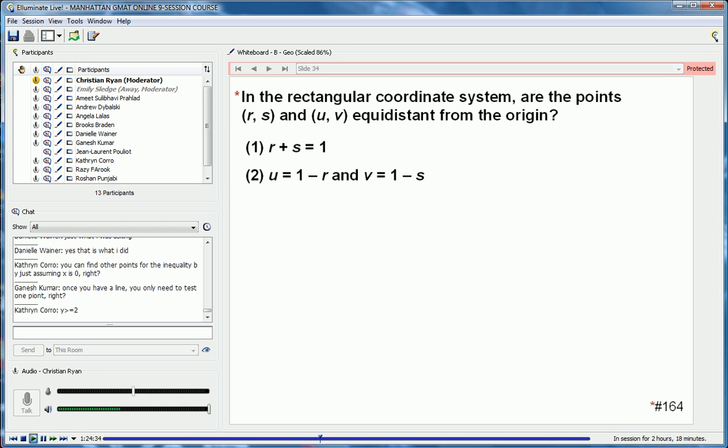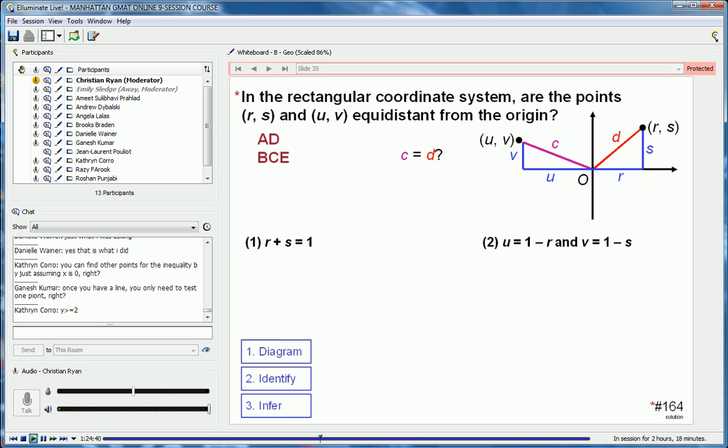Okay, keep working here as I reveal little bits and pieces. I will sort of move my pointer over things, drawn here.